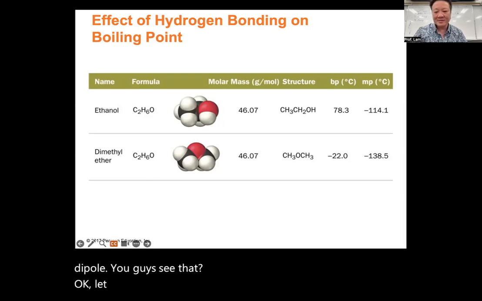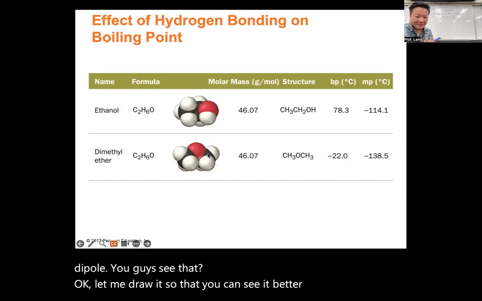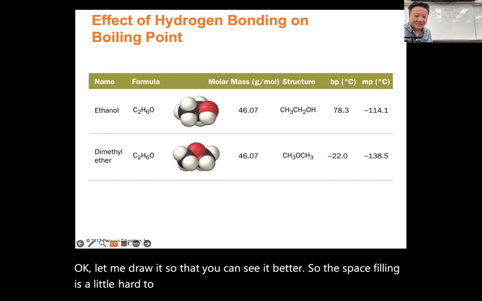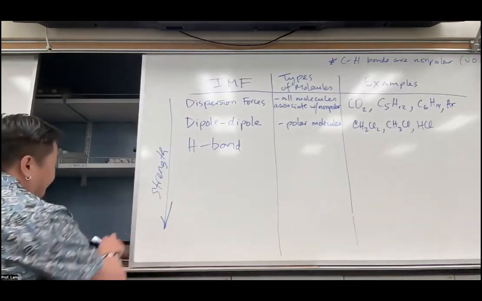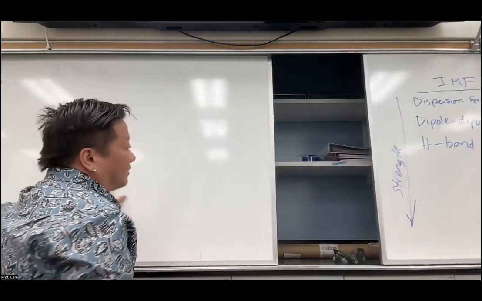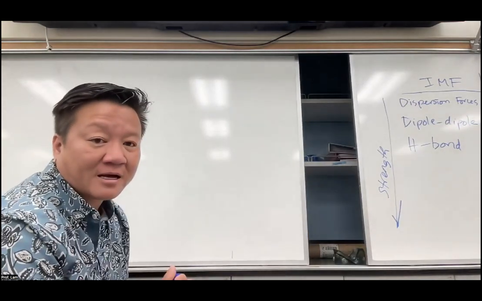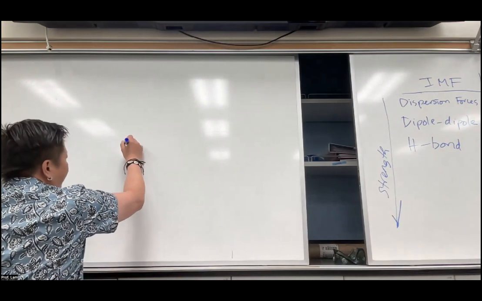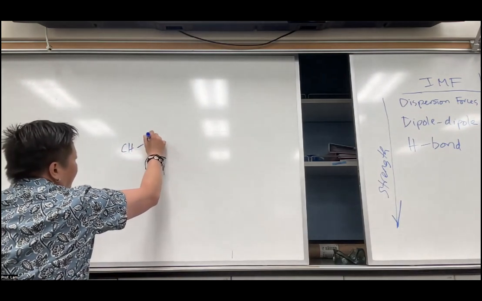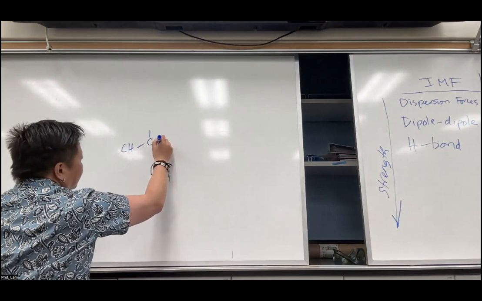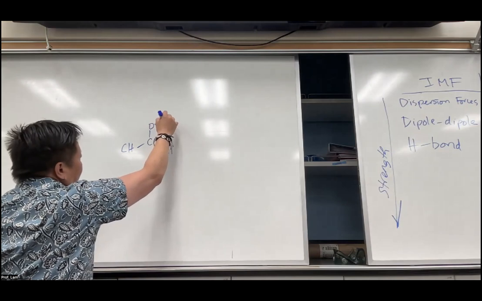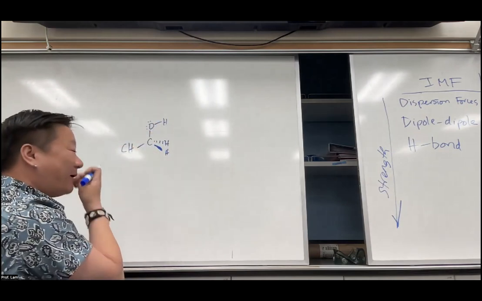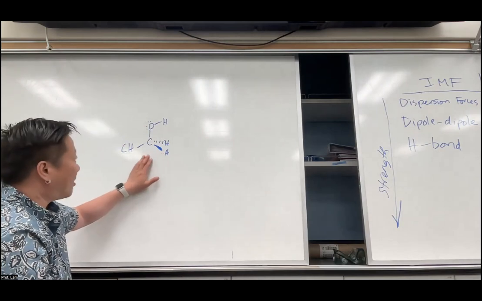Let me draw it so that you can see it better. The space filling is a little hard to see, so let's draw the Lewis structure in 3D. So we have ethanol, CH3CH2OH. I'm trying to draw a bigger molecule in 3D.